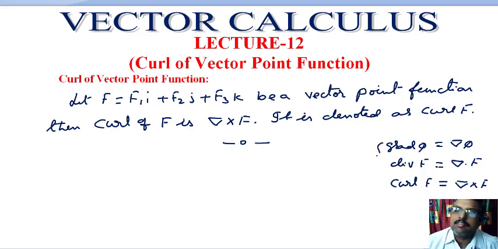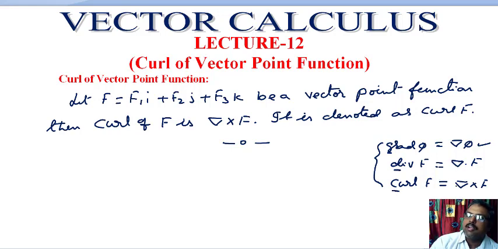So we have three concepts: gradient, divergence and curl. Gradient means del phi, divergence means del dot f, curl f means del cross f. A simple observation: in gradient, G stands for general scalar multiplication. Here in divergence, D stands for dot product.